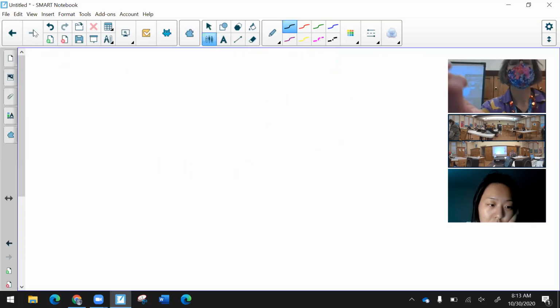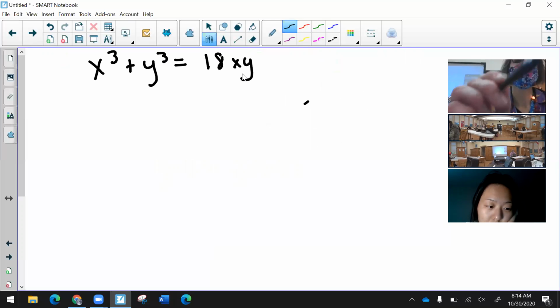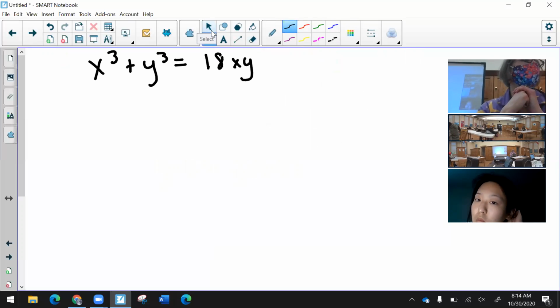Okay. So you should have a bunch of these written down, right, in 3.8 class time. So I think that's the next one. x cubed plus y cubed is equal to 18xy. So I'm not actually sure we can solve this for y.